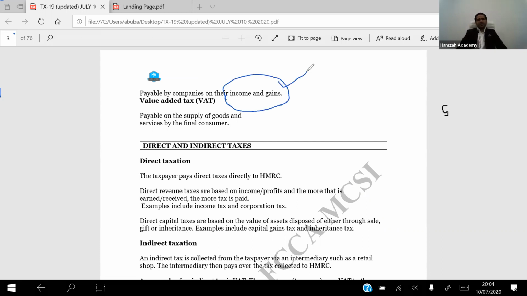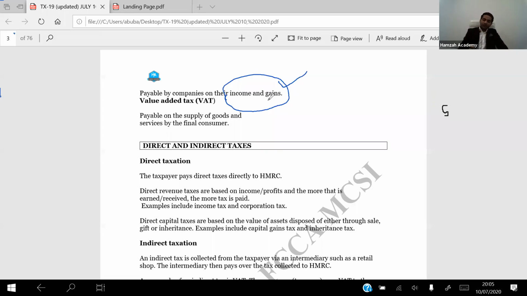What is the difference between income and gain actually? It means, the same way, when you have a profit in your P&L or statement of other comprehensive income, at the end there is a profit, it means you have to pay tax. If there is a loss, there will not be any tax for that particular year. So if there is an income or a gain, you should be paying tax.